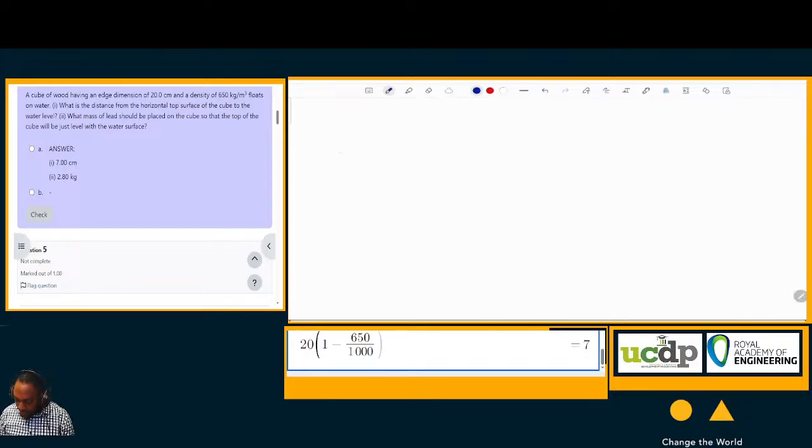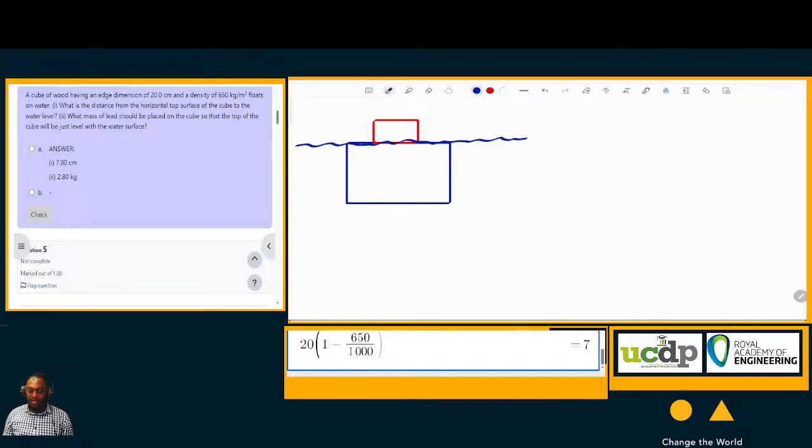Now you still have your cube, and the question is asking what mass of lead should be placed there such that the cube is just immersed like that. So now you can identify the forces that will act on this system. First, your buoyancy will be acting up.